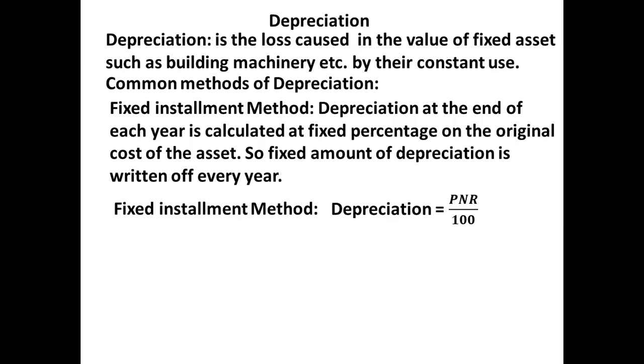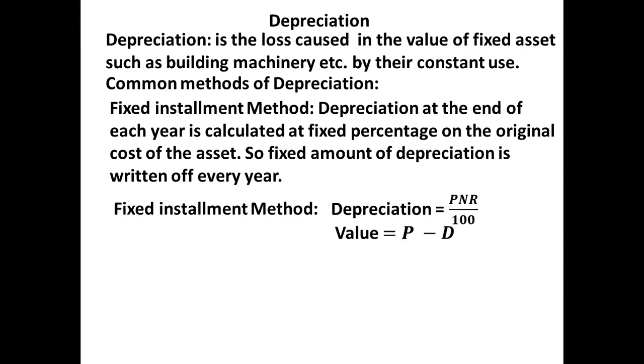So remember, my dear friends, you apply the simple interest equation for calculating fixed installment depreciation. Value after given period is equal to principal minus D, where D means depreciation charged. This is the point you remember.